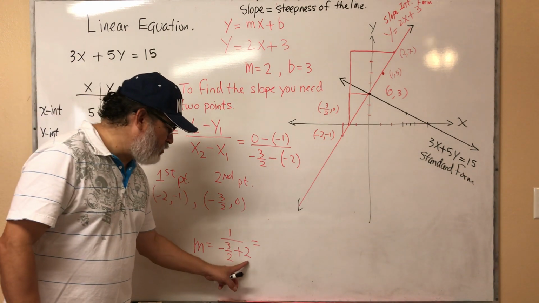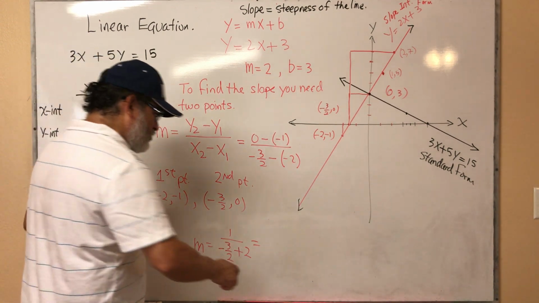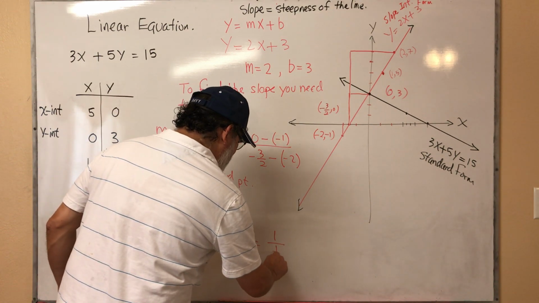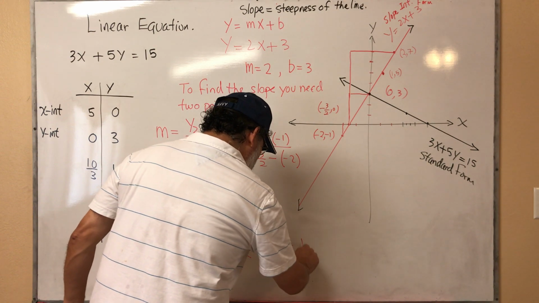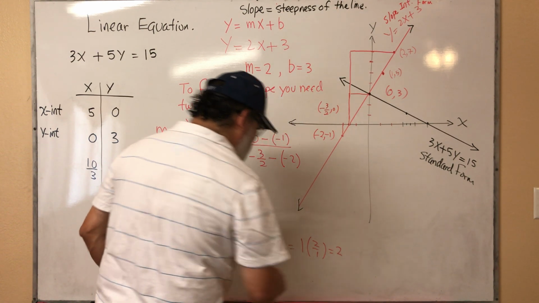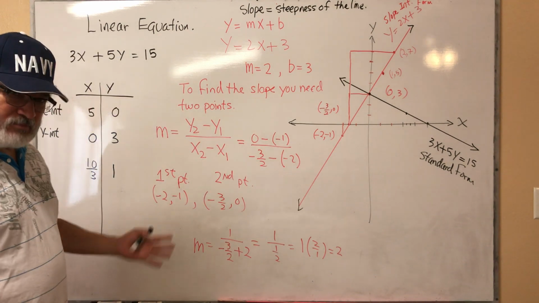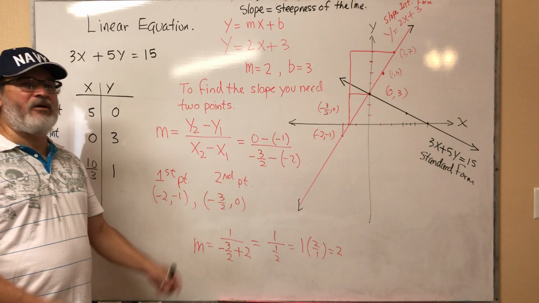What is 2 minus 1.5? That's a half. So this is 1/2. You flip, 1 times 2/1, which is 2 again. Okay. The slope is 2, look.